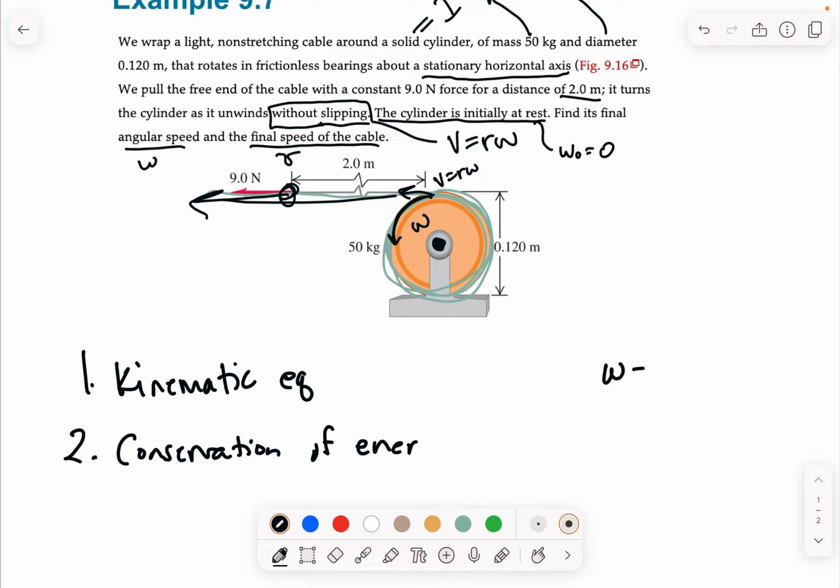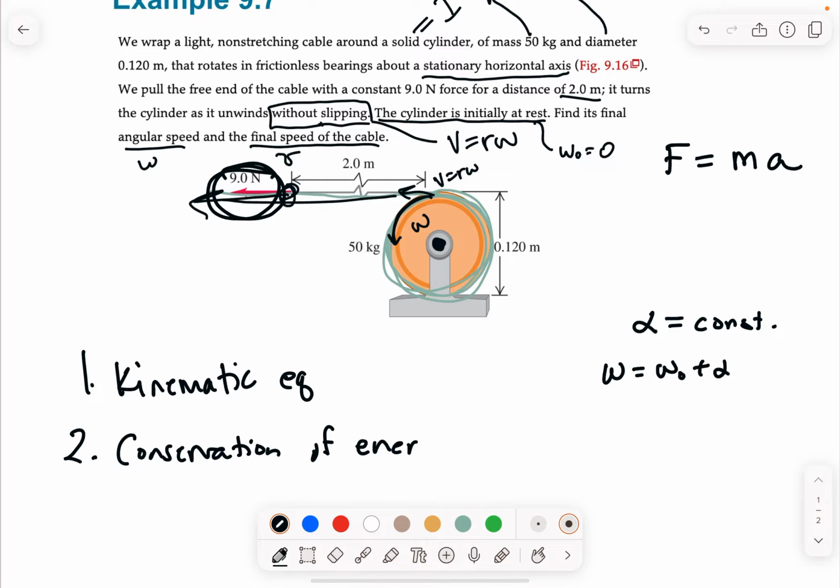So we know, obviously, that the acceleration is constant. And how do we know that it is? Well, because we have a constant force pulling on it. Constant force means constant acceleration. So we know that we have a constant angular acceleration as well. That means we can use our kinematic equations. For angular velocity, that is omega = omega naught + alpha t.